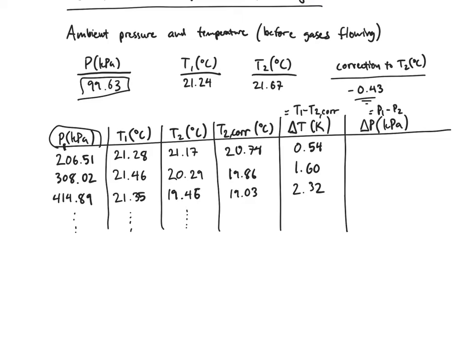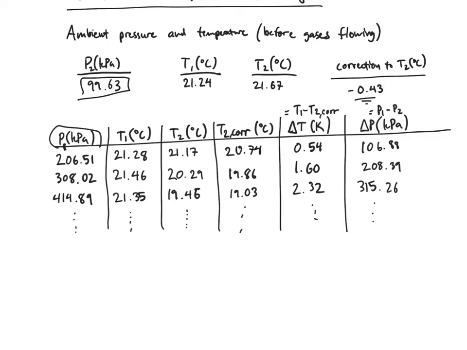So we'll always just be able to subtract that one right there. That's our P2 for everything. And so when I subtract each of our P1s by that one P2, these are the values I get. 106.88, 208.39, 315.26, so on and so forth for all these columns.